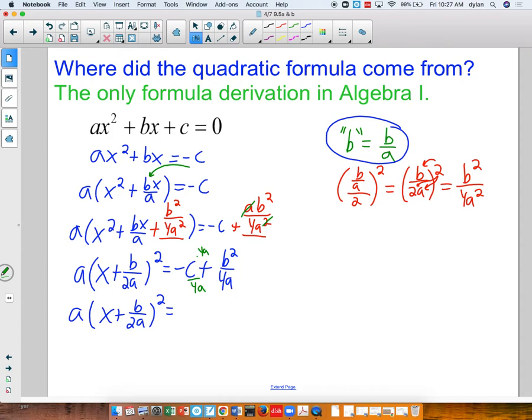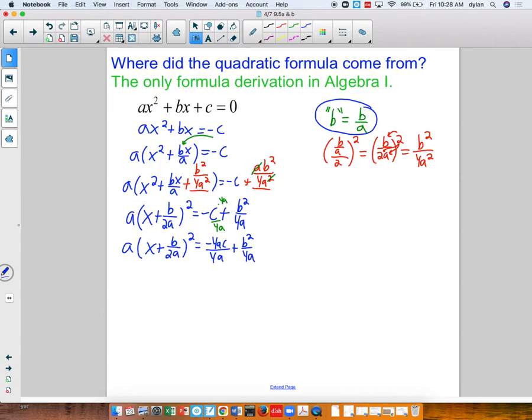So negative c times 4a is negative 4ac, and then over 4a plus b squared over 4a. And we can even make this a little bit simpler because we can just combine those two.